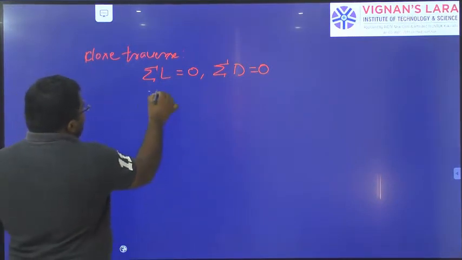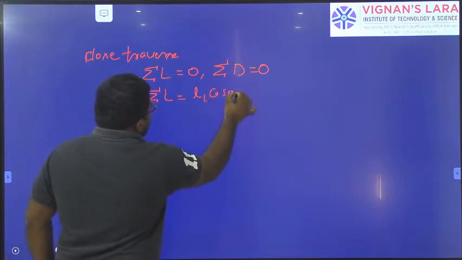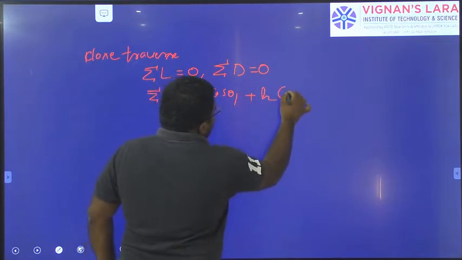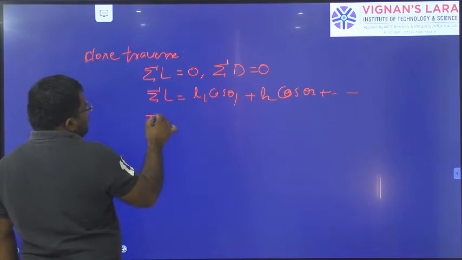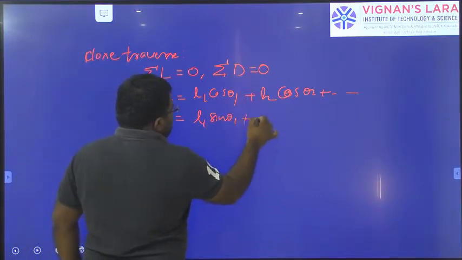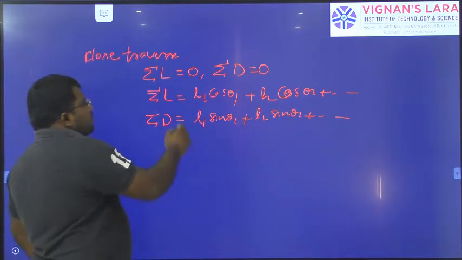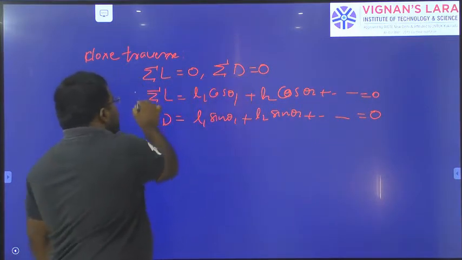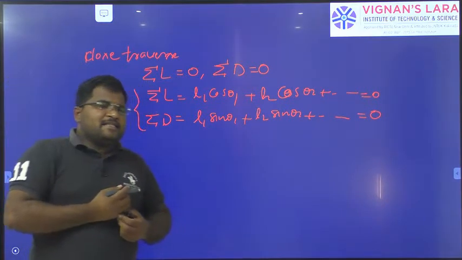Suppose sigma L is equal to L1 cos theta 1 plus L2 cos theta 2 plus and so on. The summation of departure is equal to L1 sin theta 1 plus L2 sin theta 2 plus and so on. This will be equated to 0, and by solving these two equations we can find whatever omitted measurement is there.